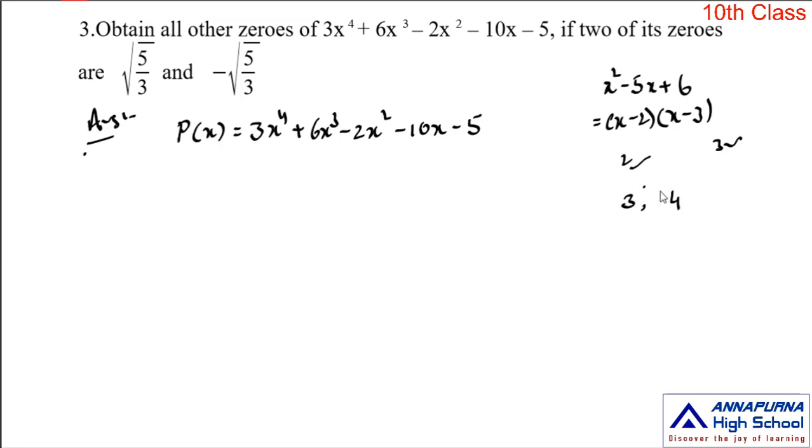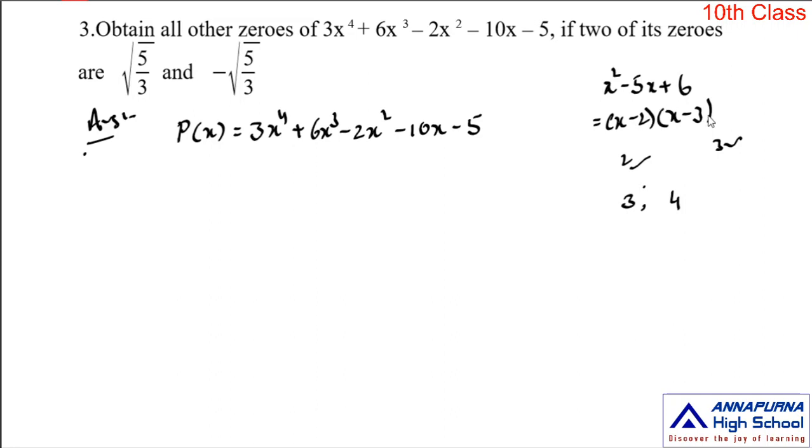But there is also an algebraic method when you know the zeros. Just reverse the process. If 2 and 3 are the zeros, then x - 2 and x - 3 are the linear factors of this quadratic polynomial.